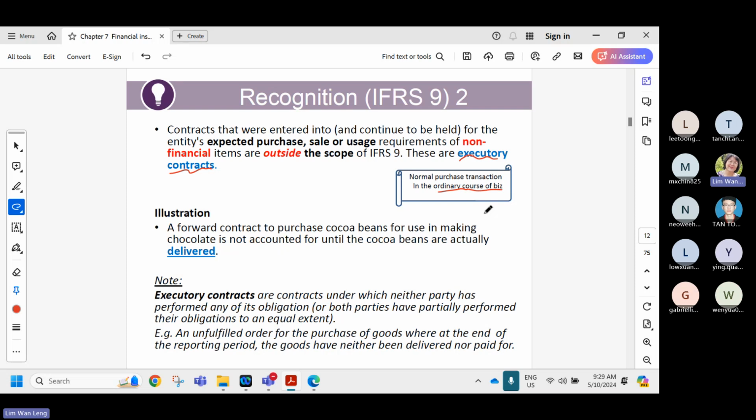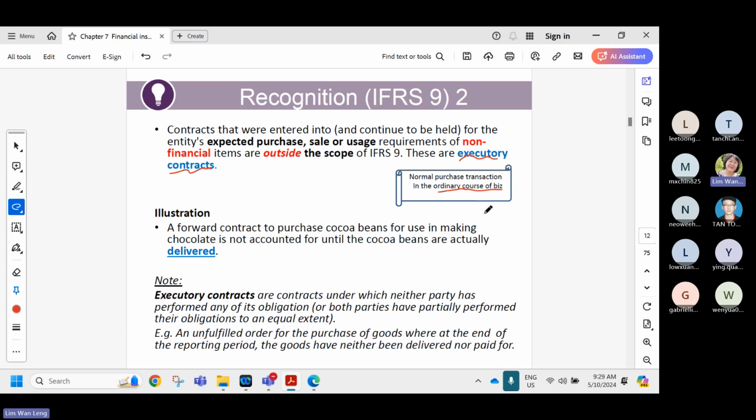This kind of transaction is not a financial instrument transaction, but an executory contract, because every day I will buy what I use in my manufacturing process to come up with the finished goods. So this is within my ordinary course of business.